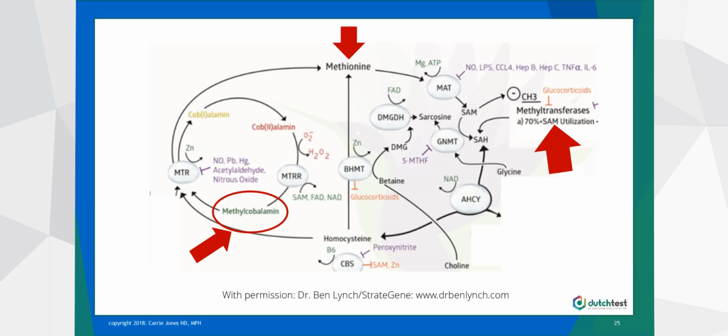Otherwise, you'll see on the left-hand side where methylcobalamin using MTR and MTRR, the enzymes made by those SNPs, then cycle homocysteine to methionine and around to the methyltransferase. Again, the methyltransferases are COMT, PNMT, really important for a lot of these Dutch markers.